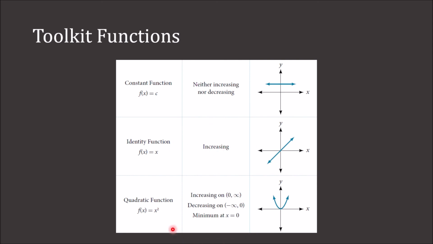The quadratic function x squared, so it's increasing on the right-hand side, so 0 to infinity. It decreases on the left-hand side, so minus infinity to 0. And there's a minimum at x equals 0.